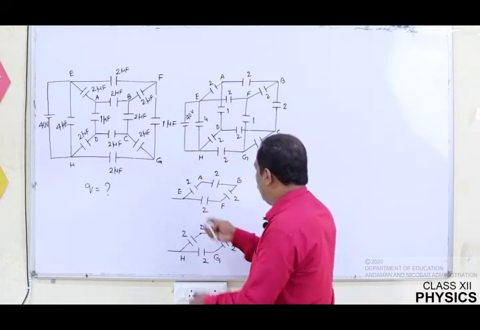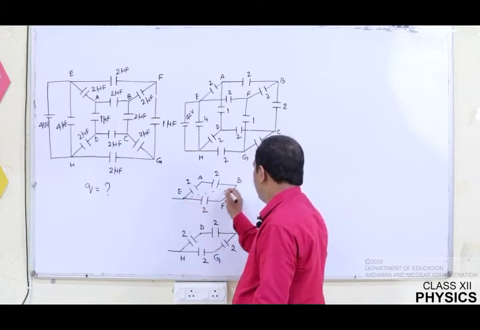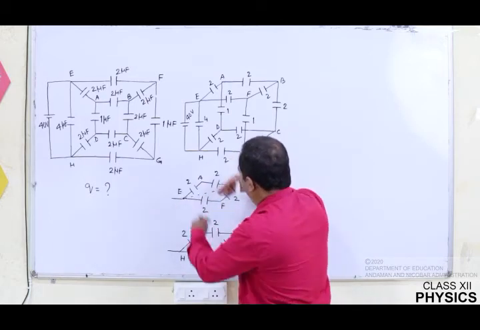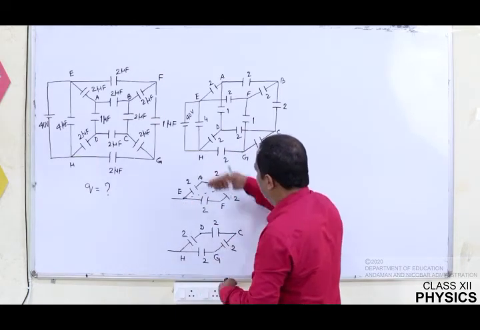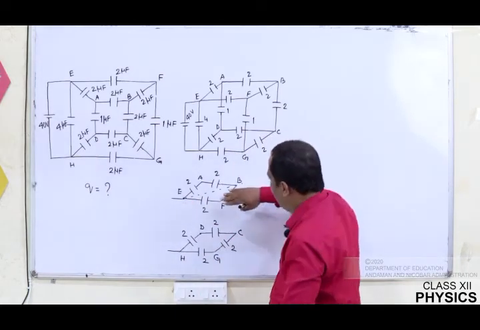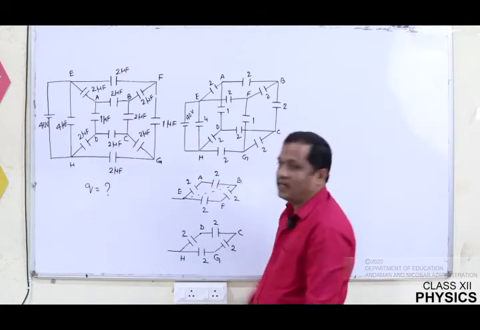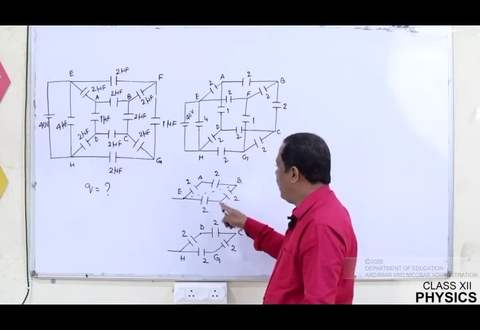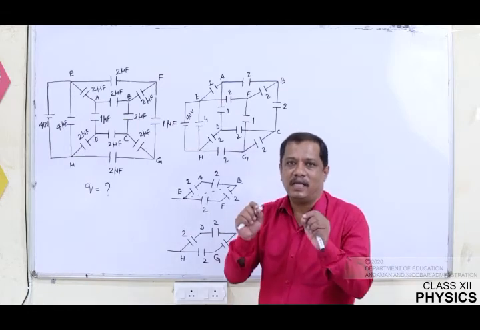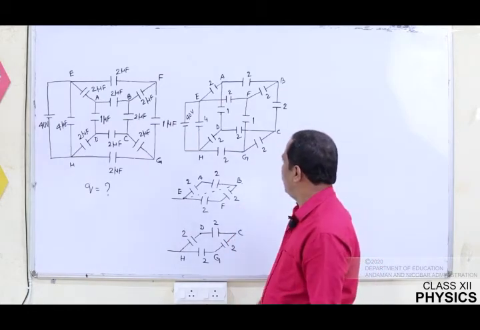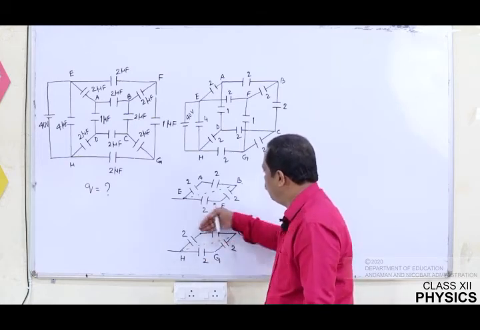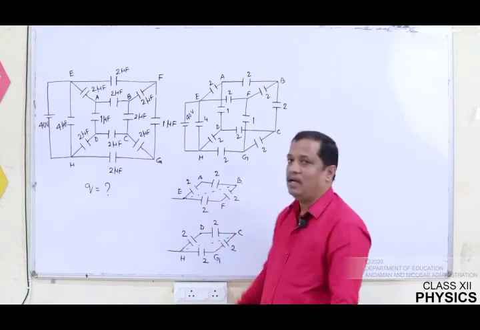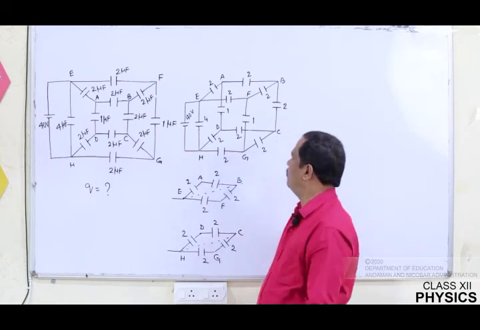Therefore, I am going to draw a diagonal here, and if I fold this one, I see the dotted line, this side and the opposite side both look symmetrical. When I fold, F will coincide with A, it means F and A are at the same potential. Similarly, at the bottom, I see that there is a symmetry. If I fold this one, I see D and G are at the same potential.